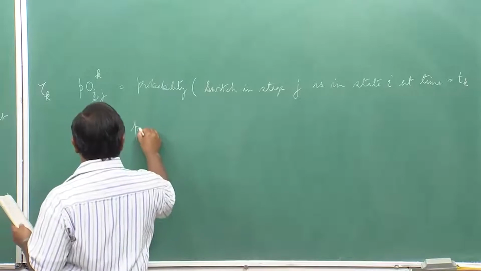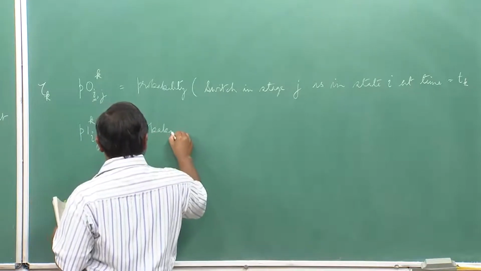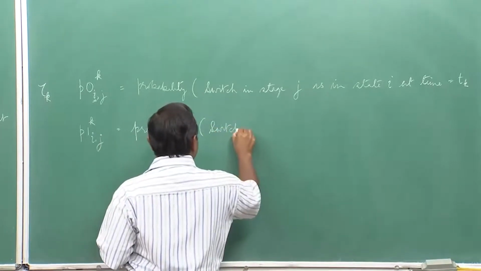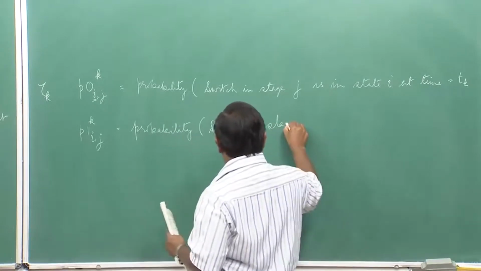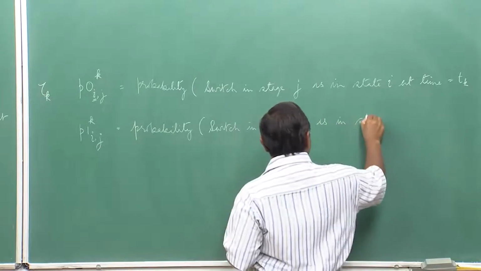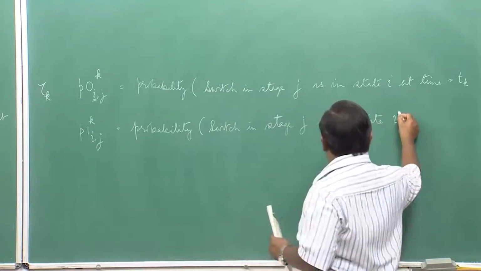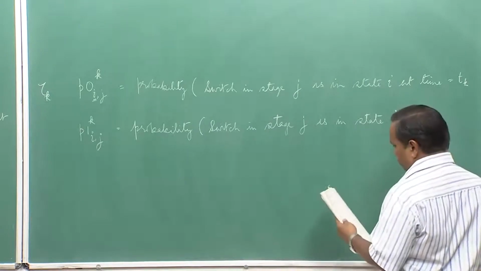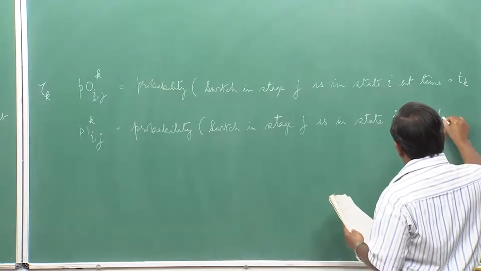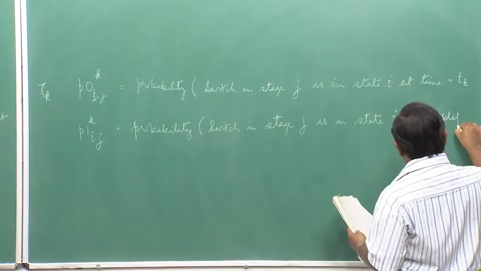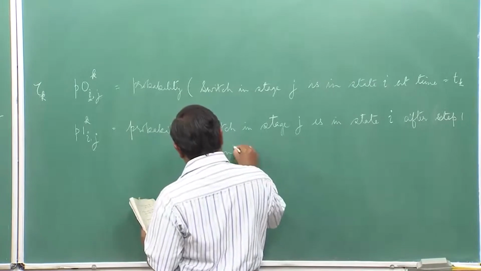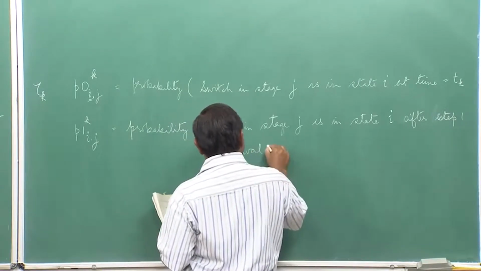So, this will be written as the probability that a switch in stage j is in state I after step 1 in interval tau k.